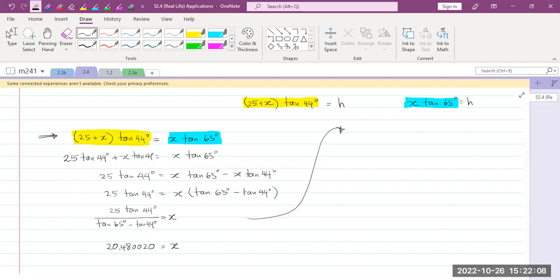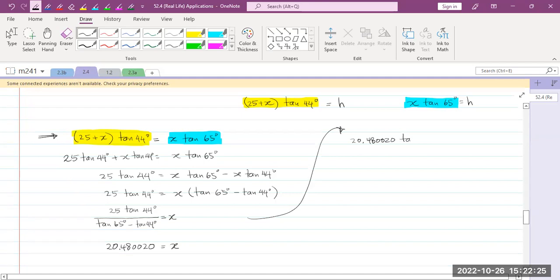Okay. Now, notice that this 20.480020 already has rounding error, right? Okay. When you multiply this x, which is 20.480020, by tangent 65 degrees, you may have compounded rounding errors.